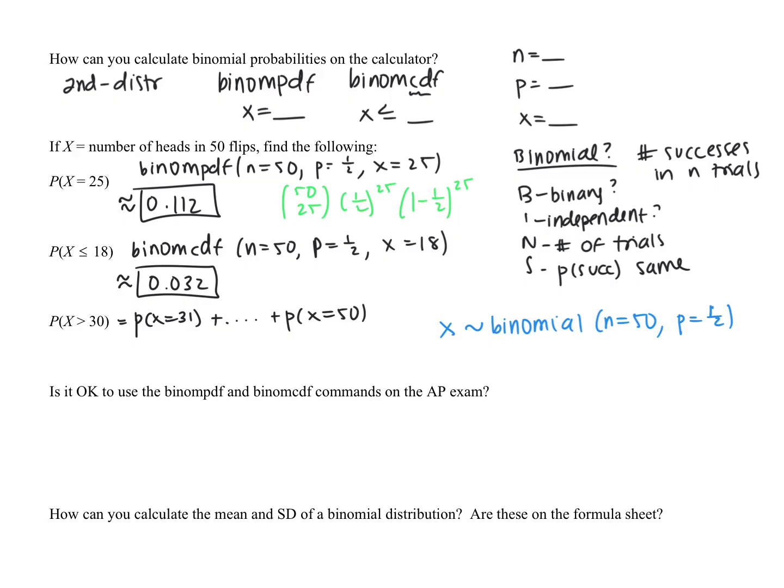So 31 up to 50. What we don't care about then is less than or equal to 30. So this would calculate 0, 1, 2, all the way up to 30. If we subtract that from 1, that will give us what we're looking for. So can you calculate that right now, please? Calculate x is less than or equal to 30, so that's a CDF. But then subtract from 1 because it's the complement.